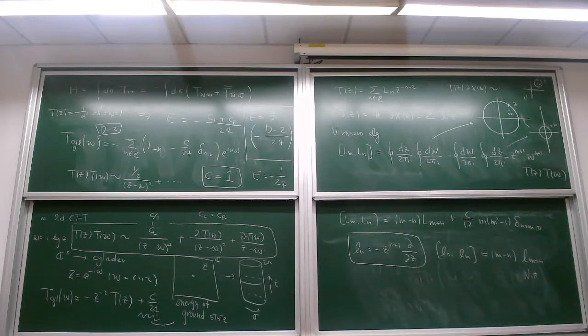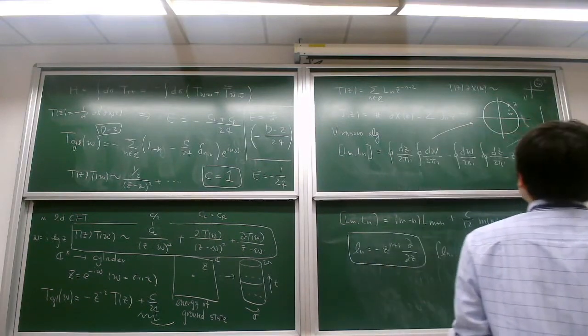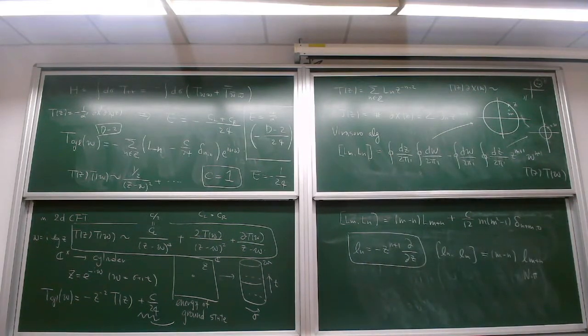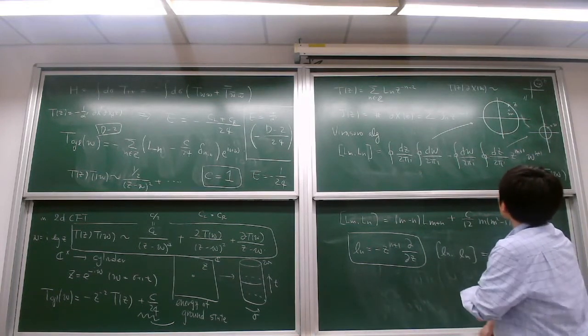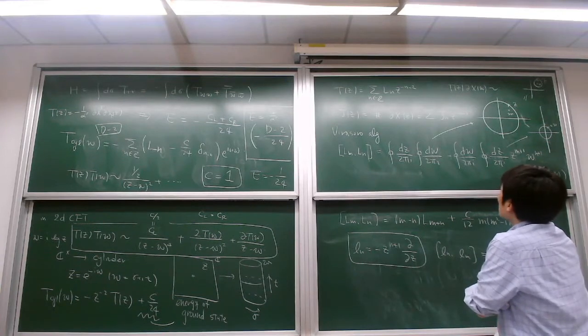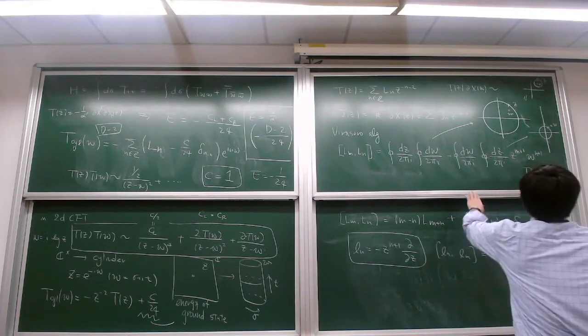Good question. There is a singularity in T(z)T(w) at z equals w. So the first contour integral must contain no singularity, so the first w should be inside of the z contour.